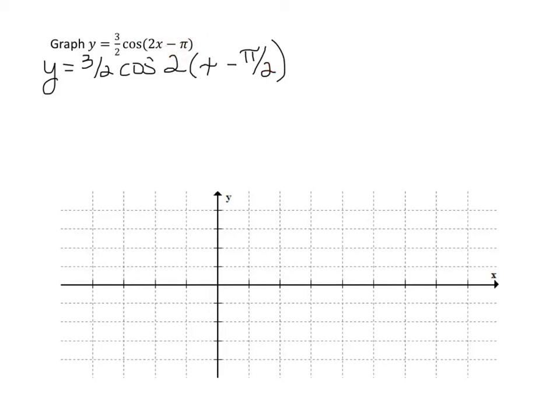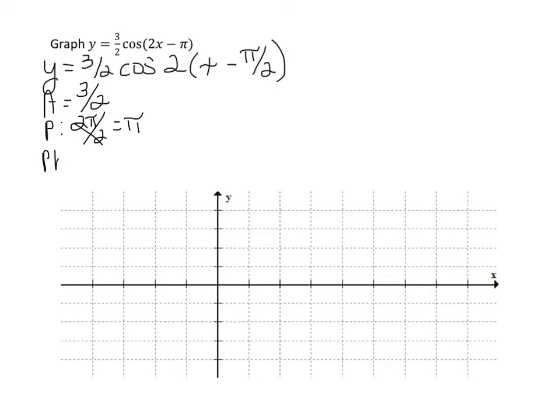Now that we've done this, we can start to work on this graph. So here we have an amplitude of 3/2. We have a period that's 2 pi over 2, or just pi.